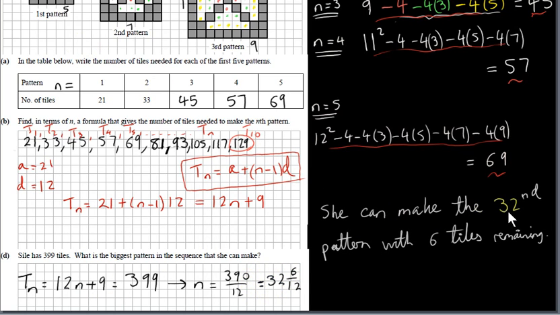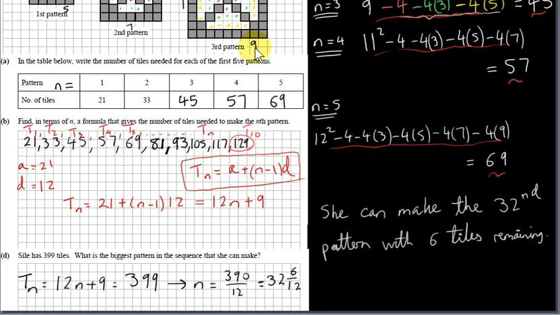So the question is, how big is the 32nd pattern? Well, the first pattern has sides of 5 tiles. The second pattern has a side of 7 tiles. The third pattern has a side of 9 tiles. So you can see that the side increases by 2 tiles each time.